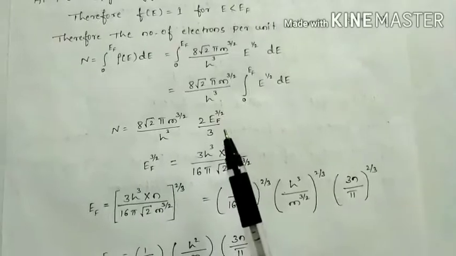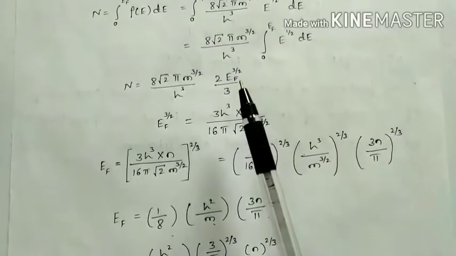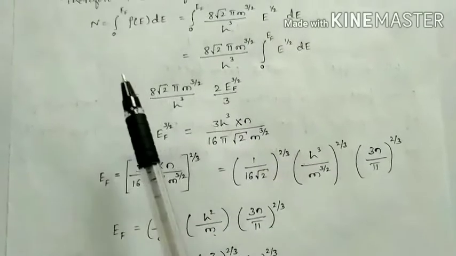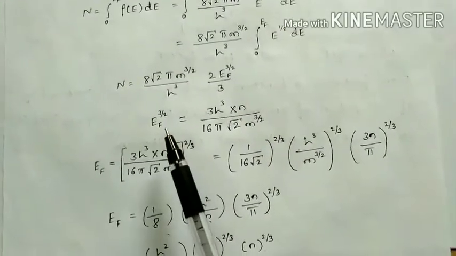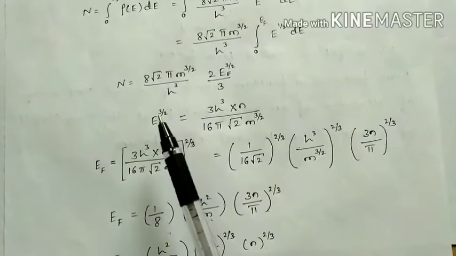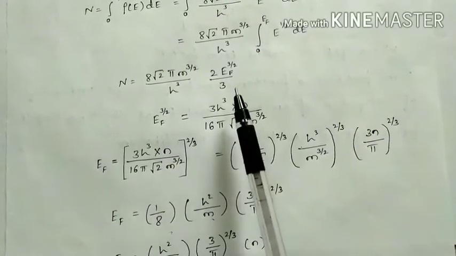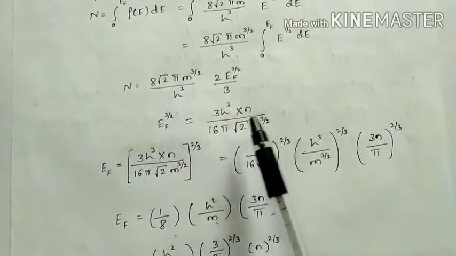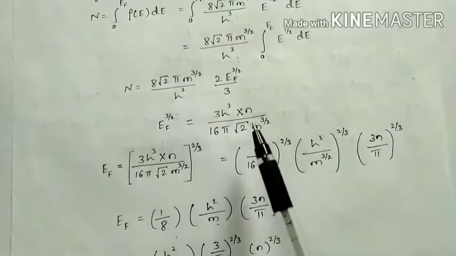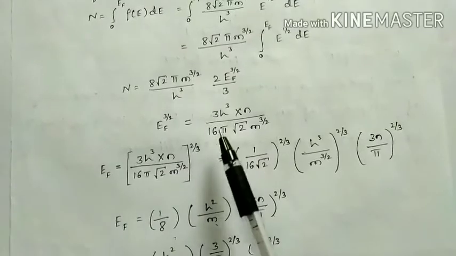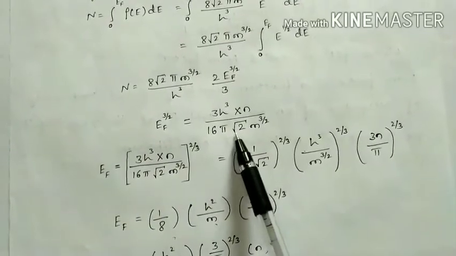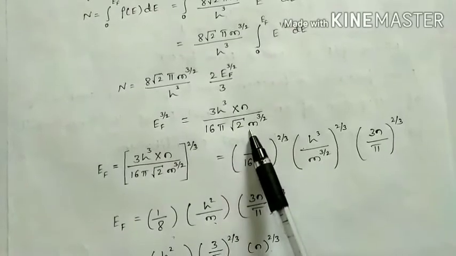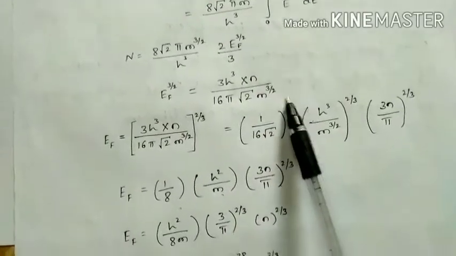Then we want the expression for Fermi energy, so we will keep this term and send all the remaining terms to the other side. So we will have EF raised to 3 by 2 is equals to 3 h cube into N divided by 8 into 2, 16 pi root 2 m raised to 3 by 2.